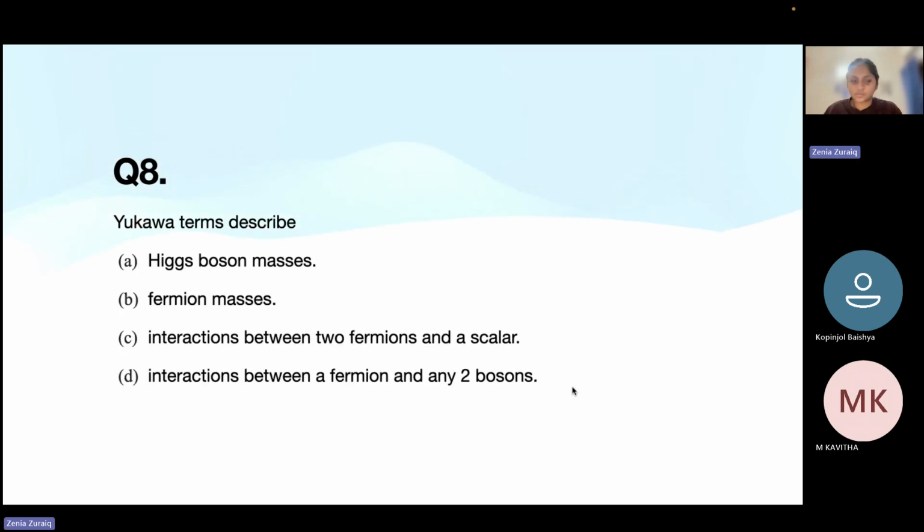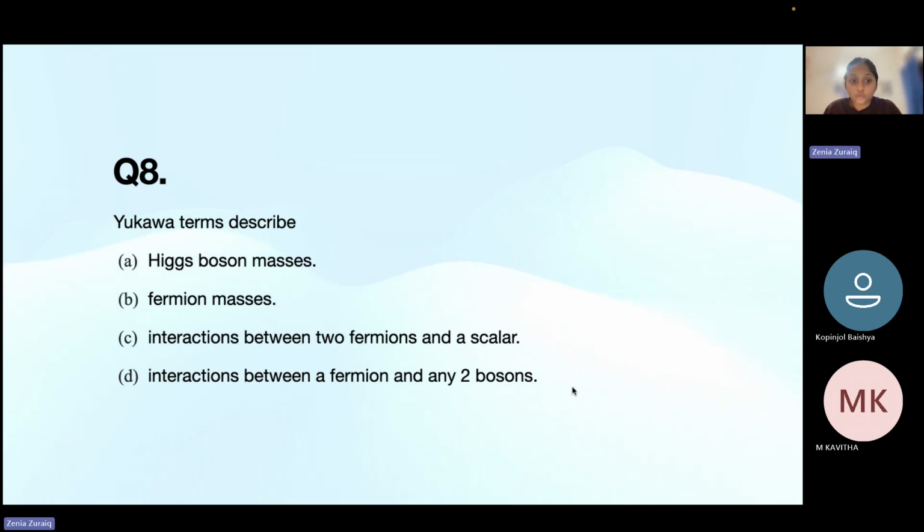So I didn't explicitly define Yukawa terms in my recap, but you came across this in your lecture. So what are the Yukawa terms? Fermion masses.